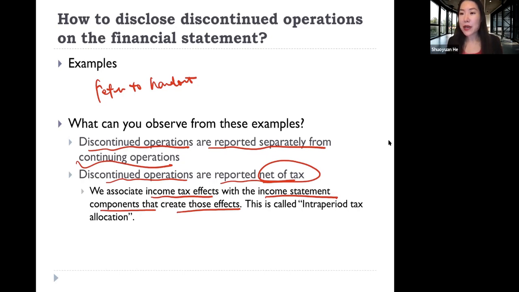It needs to be separated from the income tax from continuing operation. And this is called intra-period tax allocation. Intra-period tax allocation just means that we need to separate the income tax effect. We need to associate the income tax effect with the income that generates those effects.